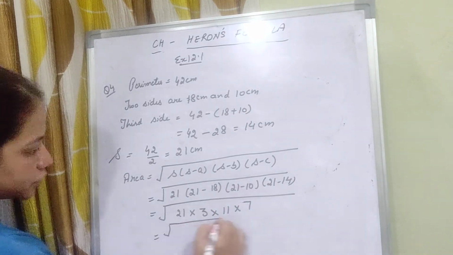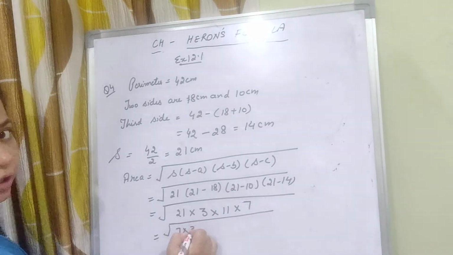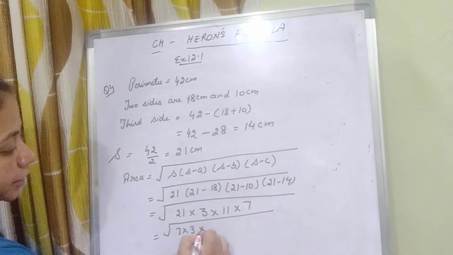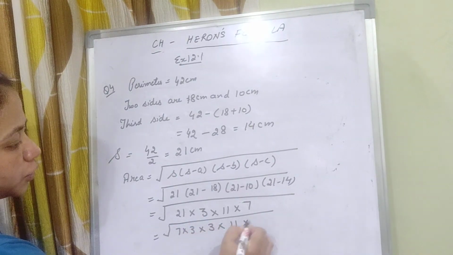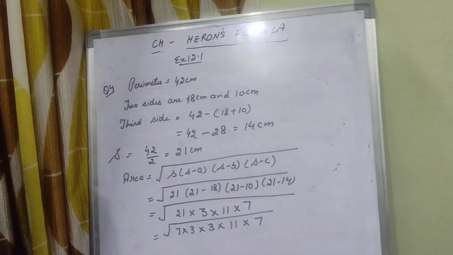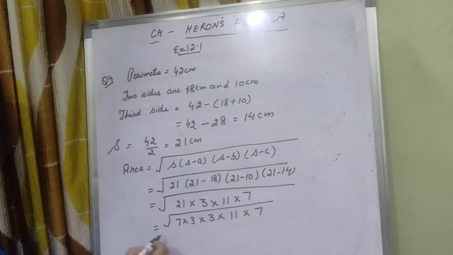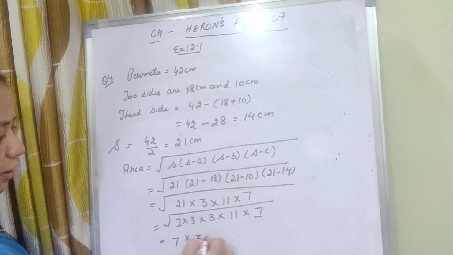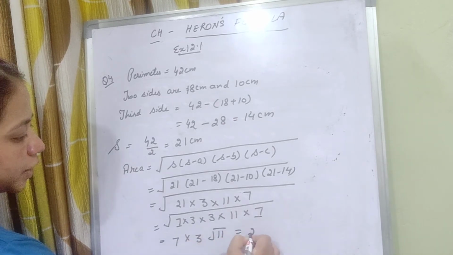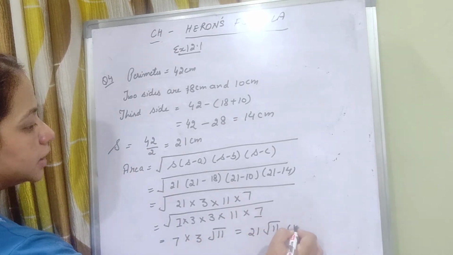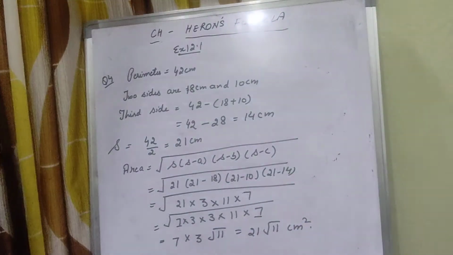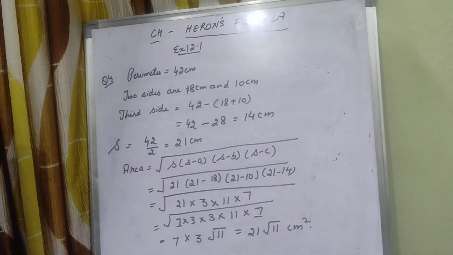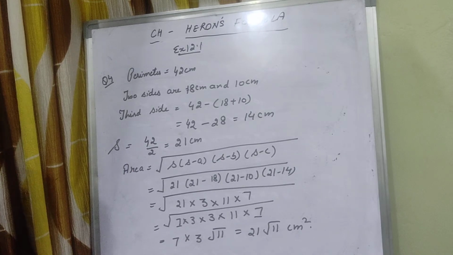Now make the prime factors of these numbers: 7 into 3 into 3 into 11 into 7. Now here 7 comes out of the square root, again 3, and under root 11. So the answer is 21 square root 11 square centimeter. This is the area.